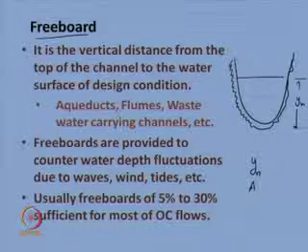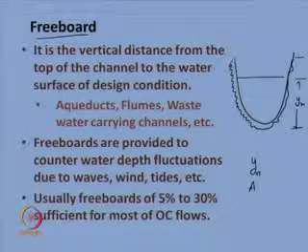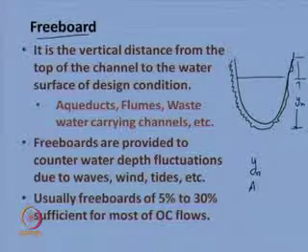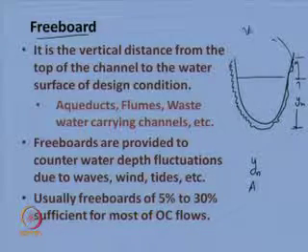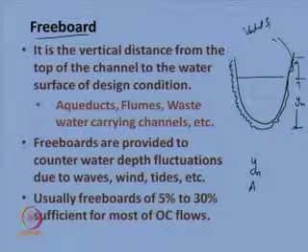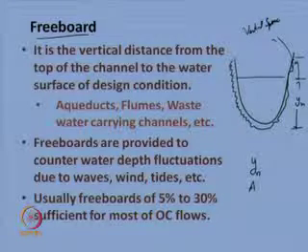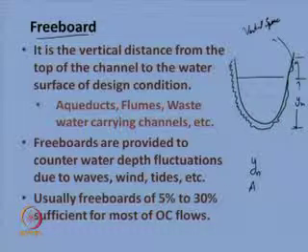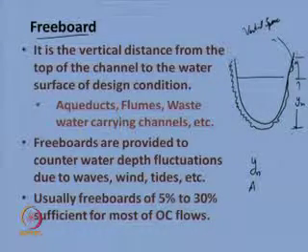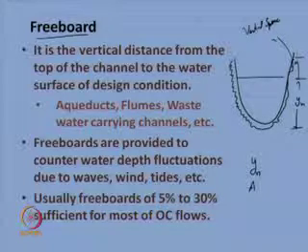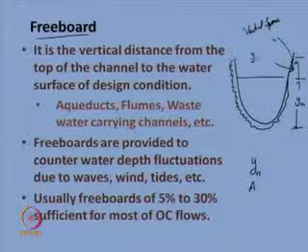Once you have designed all those parameters, the depth of flow yn is incorporated. Then while constructing the channel, you need to give further vertical space. You have to extend this side slope further to a particular height, and this height is called freeboard.